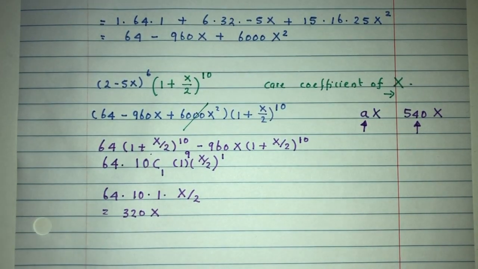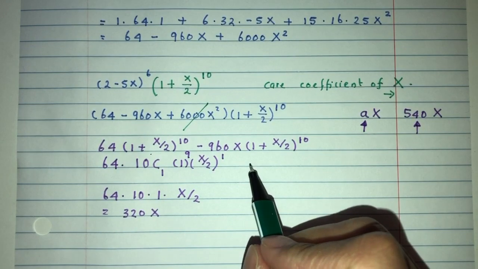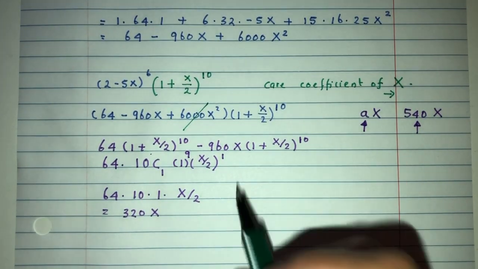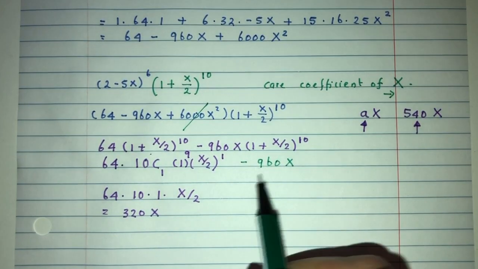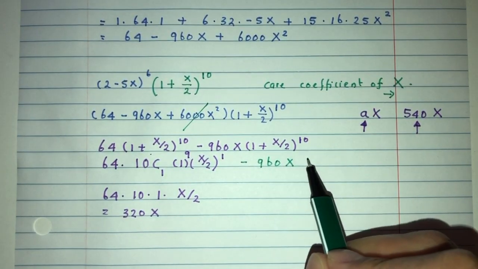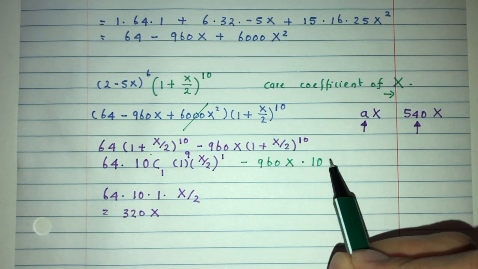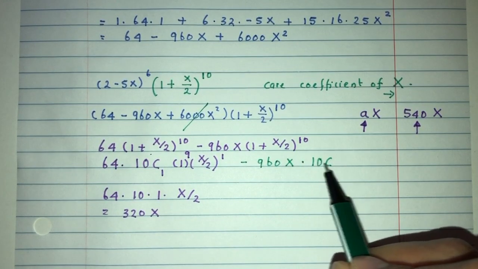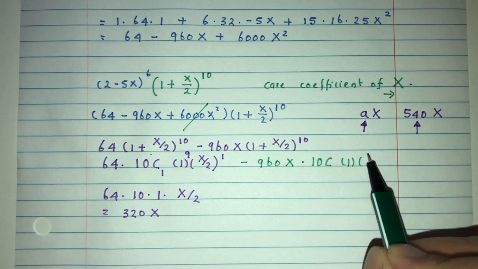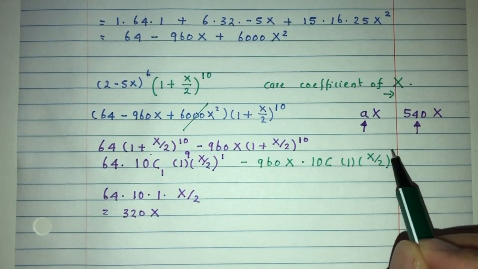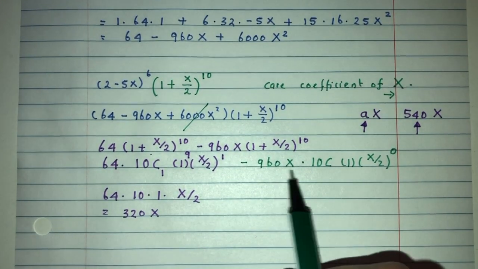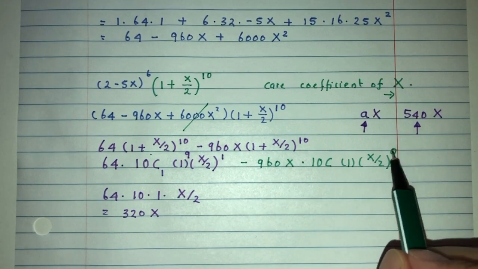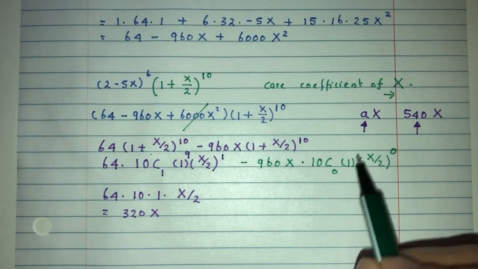Now for this one, same trick, same logic. We have 960x. This term is already in x, so we have to multiply by something which does not have x in it. So we have 10 choose something, 1 and x over 2. Here we need this to be 0 because we don't want any more x, since we have x here already. So this is 0, and 10 minus 0 is 10.